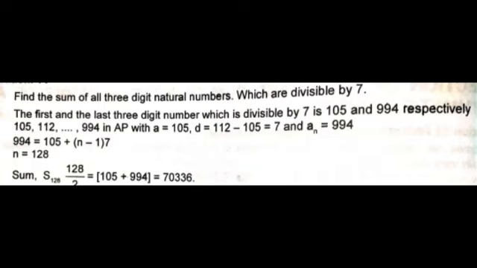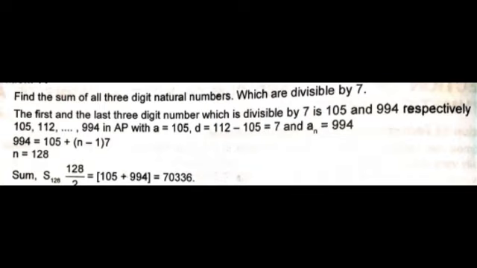And the last 3-digit number divisible by 7 is 994. So we have the sequence 105, 112, and so on till 994. It is in AP because the common difference is 7 for each pair of consecutive terms.